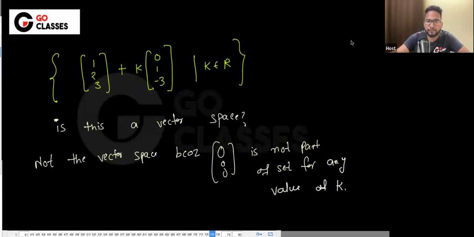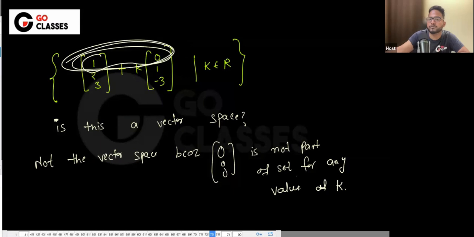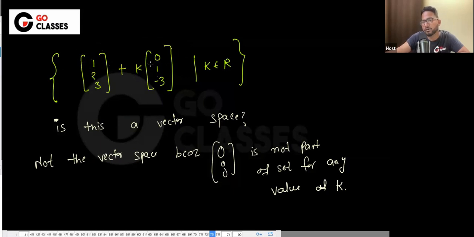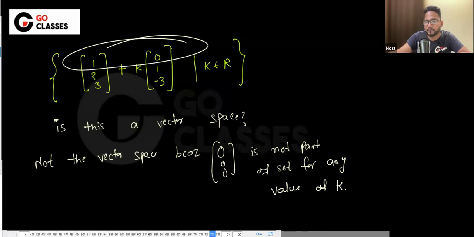Okay. No, whatever you put, if we put k equal to 1, it becomes 0. No, how is it becoming 0? K equal to 1, how is it becoming 0? Okay, it cannot be 0 because here it is 1 plus 0, the first component will always be 1. It cannot be 0. Whatever the value of k you put, it cannot be 0. The first component will always be 1, right?